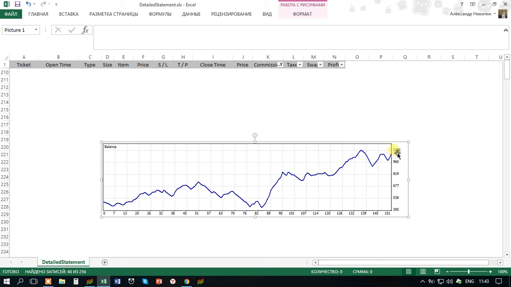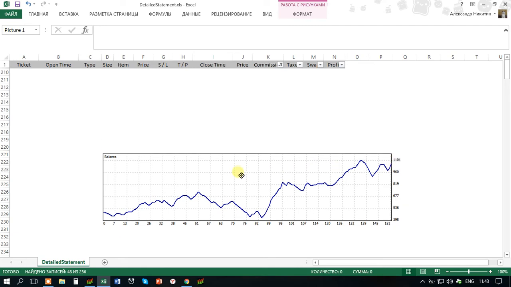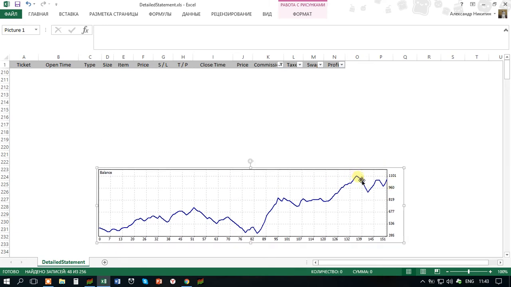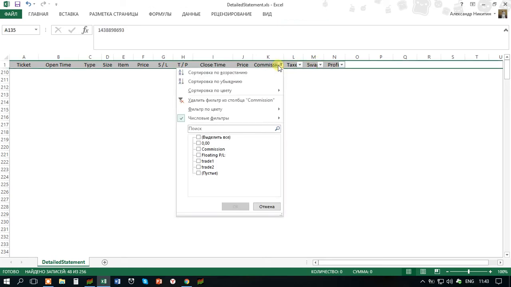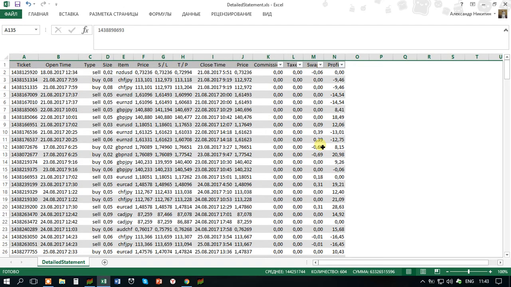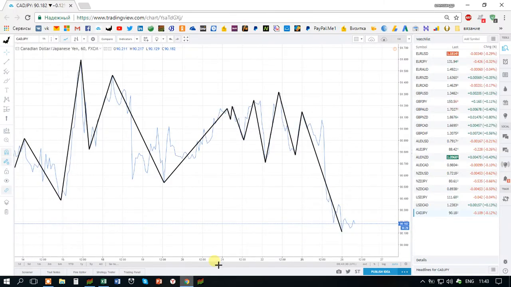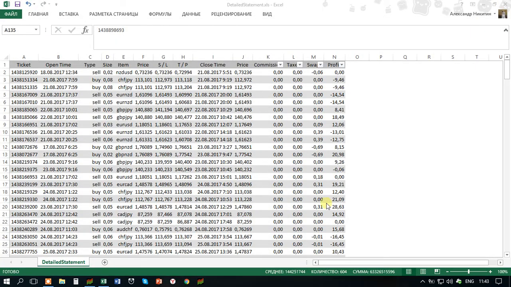I didn't recover it yet. Still have less money than I had at my maximum point. Okay, so the picture is not needed. Going next. This is saved, so I need to close this.